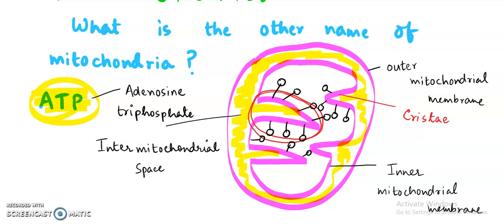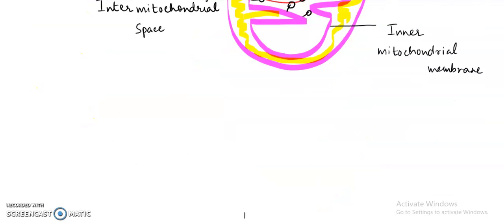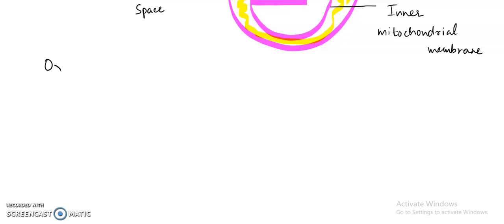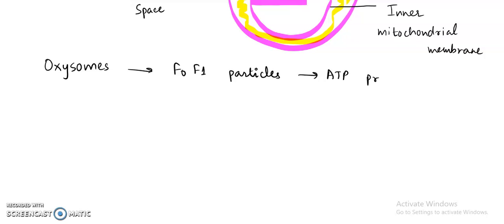So the black structures that I have drawn in the diagram here, these are oxysomes, and oxysomes are also being said as the F0, F1 particles. These are the particles which help in the ATP production.